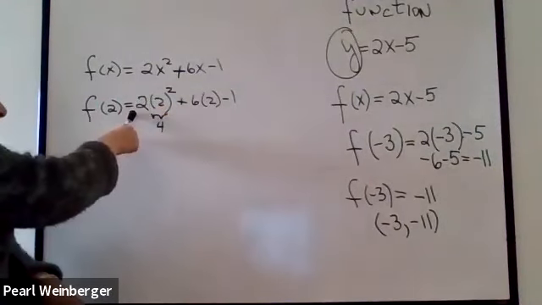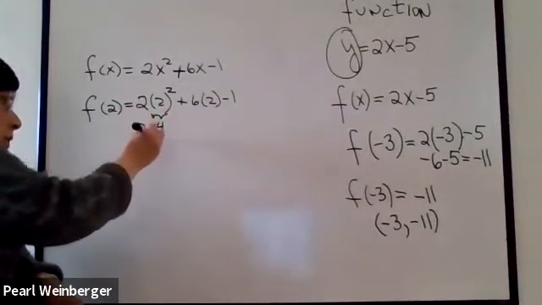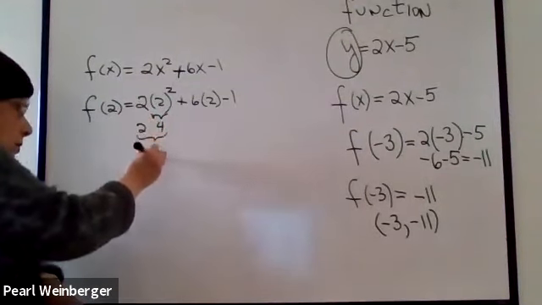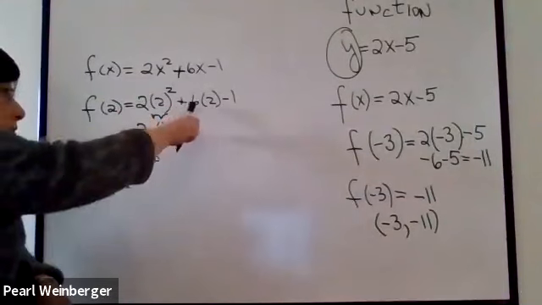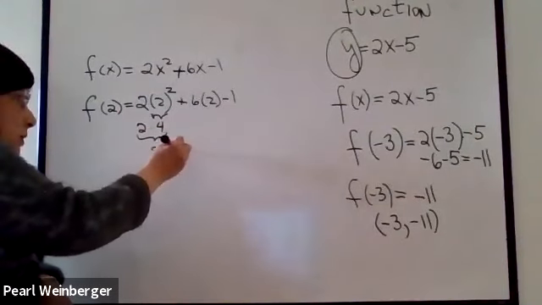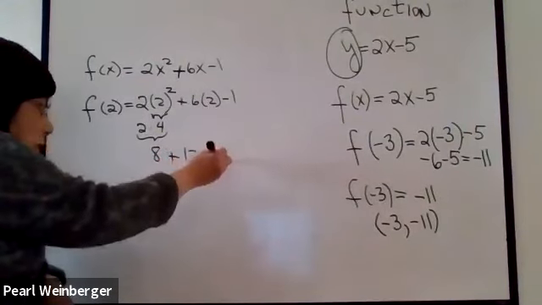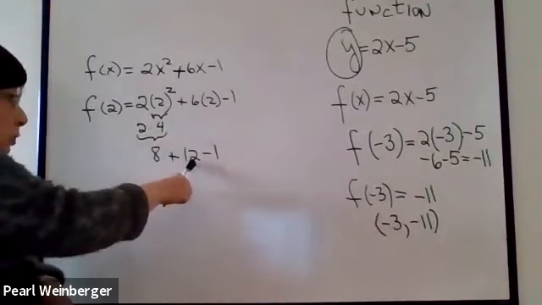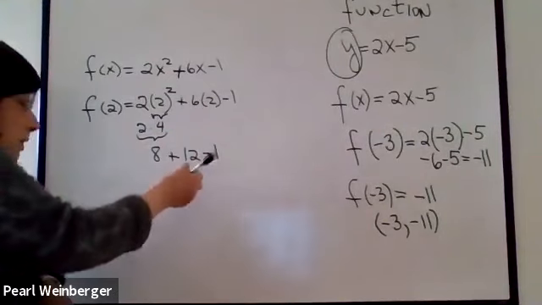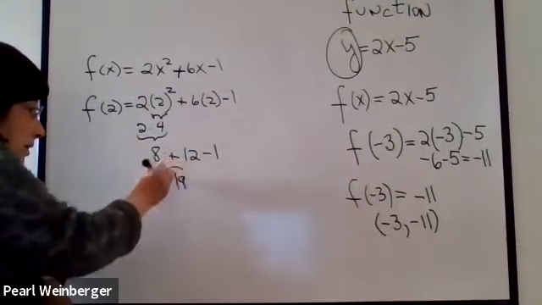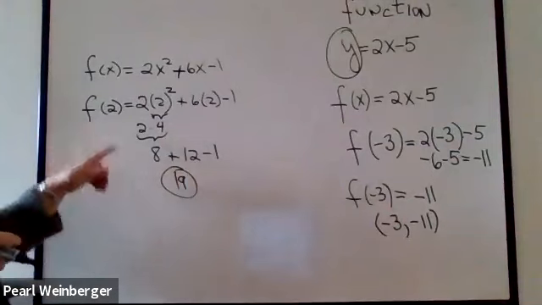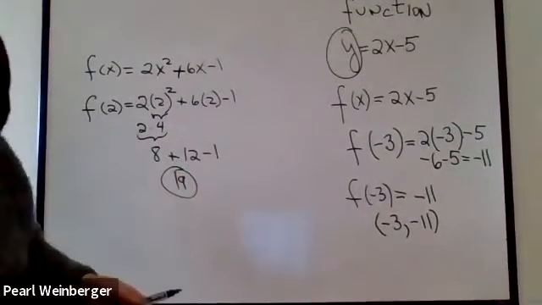And then we multiply the 2 times 4, which will give me 8. Then I'll do 6 times 2, so that's plus 12. And then that's minus 1. So 8 plus 12 is 20. 20 minus 1 is 19. So the answer to f of 2 is 19.